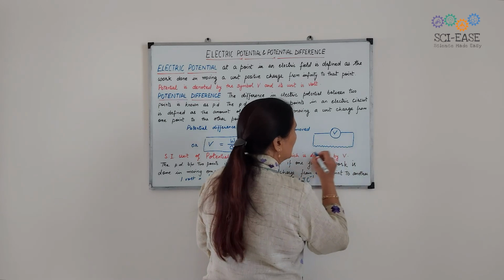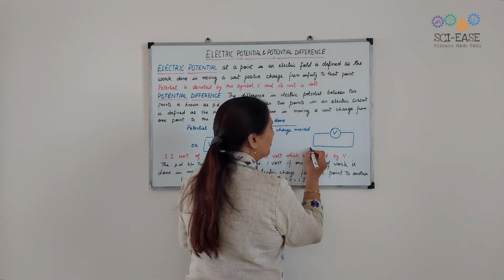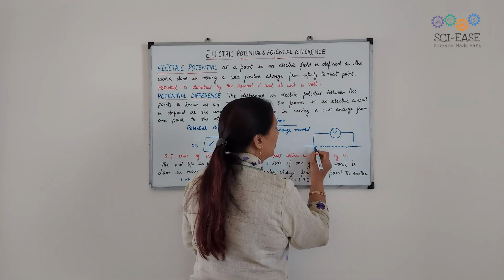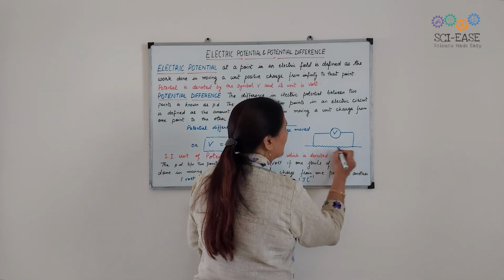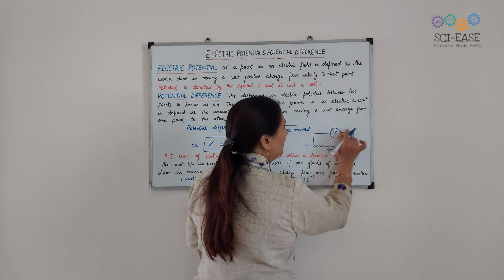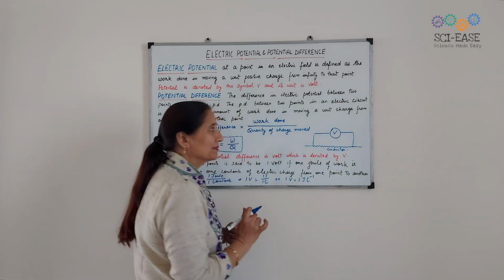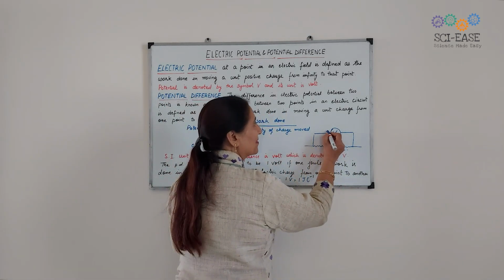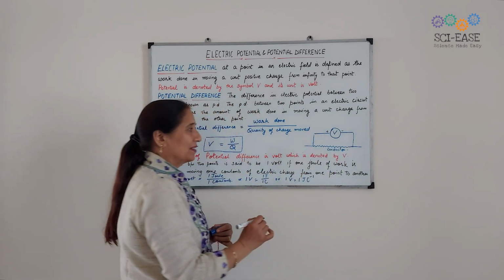Suppose this is the conductor across which the potential difference is to be calculated. So the voltmeter will be connected in parallel.